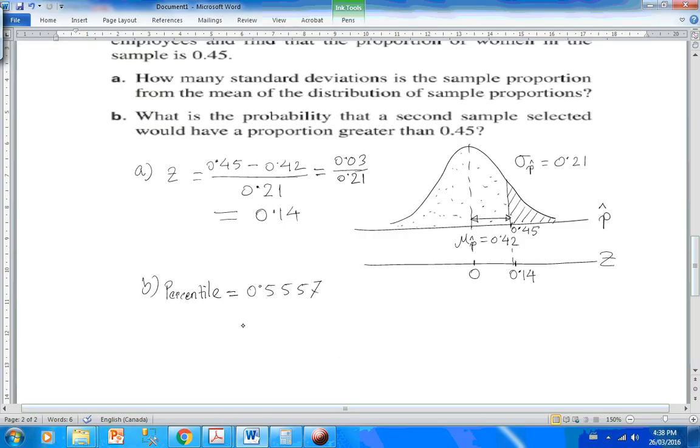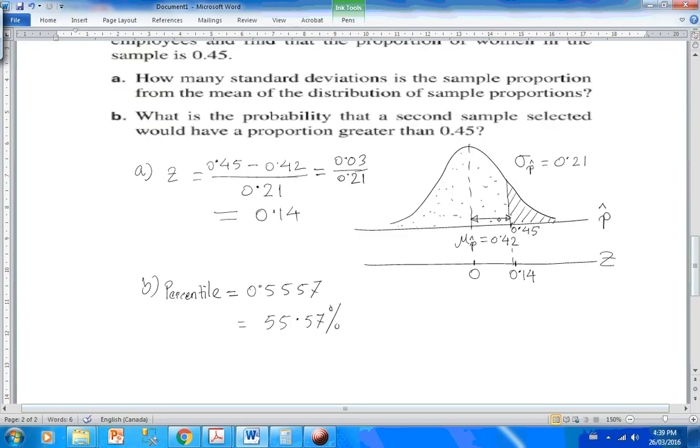And if you want to express it in terms of percentage, then you multiply this value by 100%, or a simpler trick, just move the decimal point to the right by 2 digits, which will give you 55.57%.